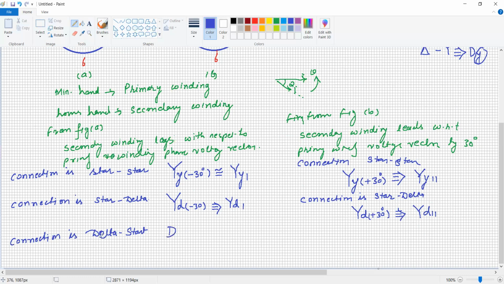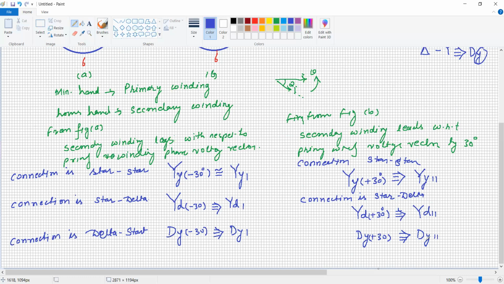D represents the primary winding, star connection, Dy minus 30 degree. It is Dy1 vector group, and here it is Dy plus 30. So it is Dy11. This is most popular in the distribution transformer, a Dy11.